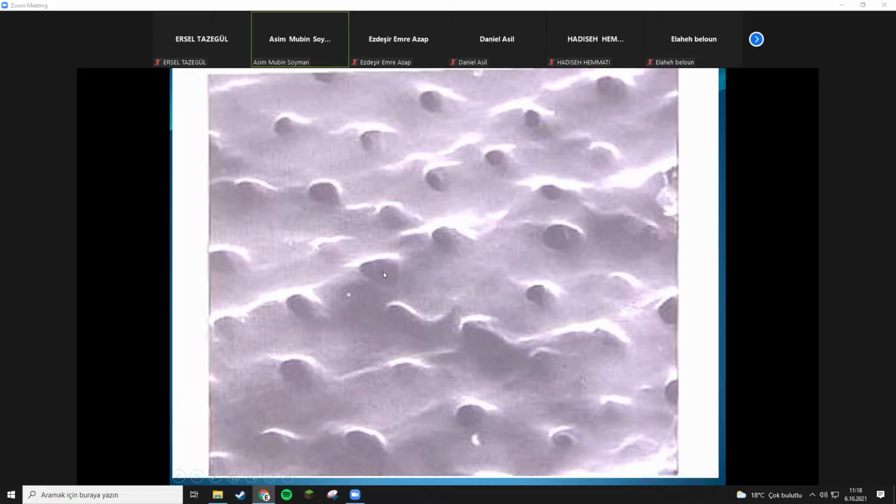But by age, going to the elderly, some calcium phosphates come from the pulp and go into the dentine and reach the dentinal tubuli and start to obturate them. And in elderly ages, these dentinal tubuli will be completely closed.